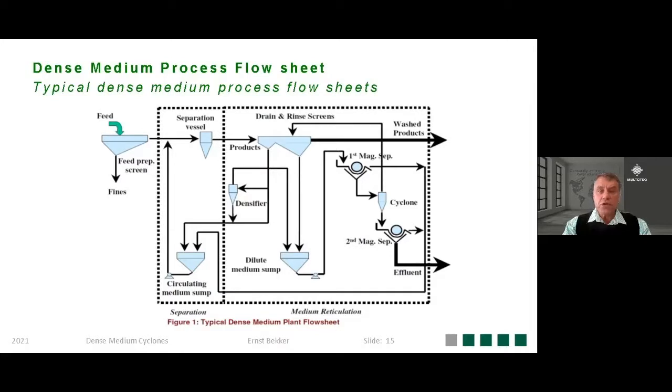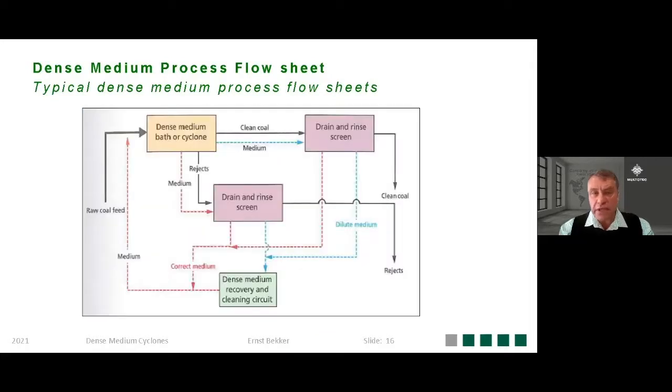But just for those who are not completely familiar with the dense media process, you have your raw material coming in, raw coal feed in this example, and you introduce the media with the coal. It goes into the separating vessel, being a bath or cyclone, and you have your separation between clean coal and rejects.